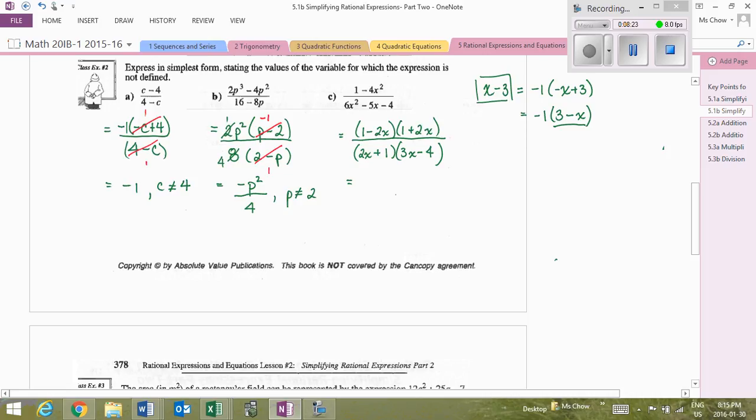Taking a look at C, once we've factored it, we're looking at 1 plus 2x and 2x plus 1 are of course the same thing, so we'll factor those out as 1 over 1, and so then we're left with 1 minus 2x over 3x minus 4, and that's conditional on x not equaling -1/2 and 4/3.